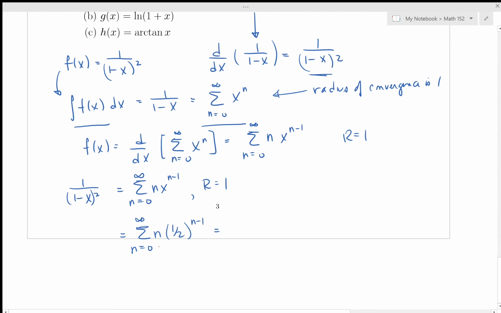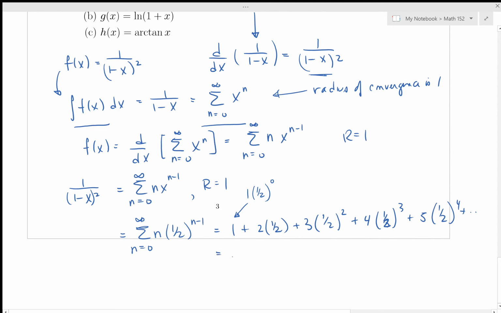When n is 1, I get 1, so that was 1 times 1/2 to the 0. And then when n is 2, I get 2 times 1/2 to the 1. And then I get 3 times 1/2 squared, 4 times 1/2 cubed, 5 times 1/2 to the 4, and it keeps going.